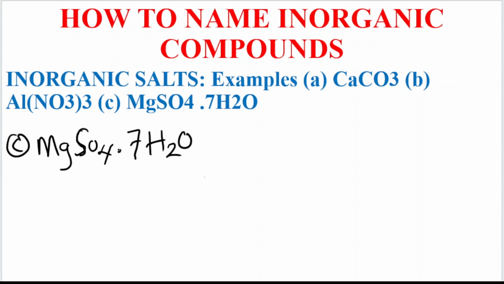Our central element here is sulfur. What is the charge of magnesium? Magnesium has +2, so we have 2 plus x plus the charge of oxygen, which is 2, and we have 4 oxygens, times 4, everything equal to 0.